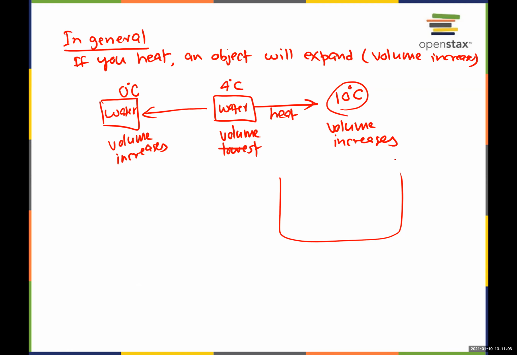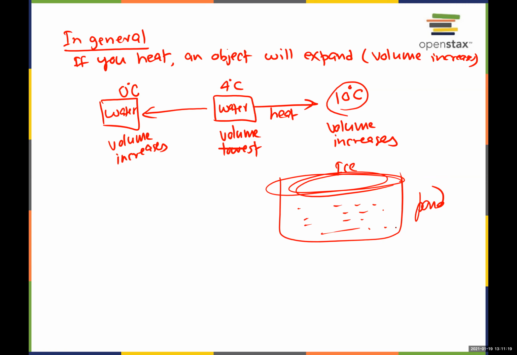For example, if this is a pond, ice formation happens at the top. This may be ice, and below it there is still water, which could be 4 degrees Celsius water. That's why all the fishes and aquatic animals are able to survive. It means ice could not form throughout the whole pond. Okay, so let's stop here.